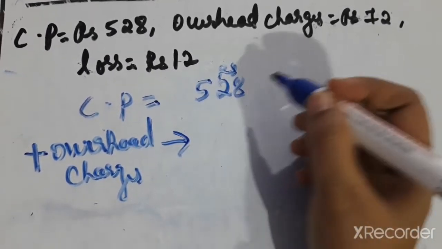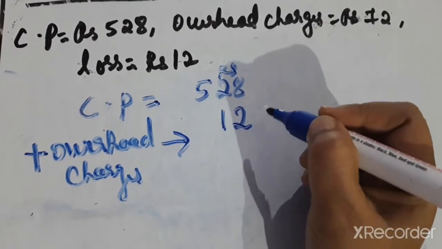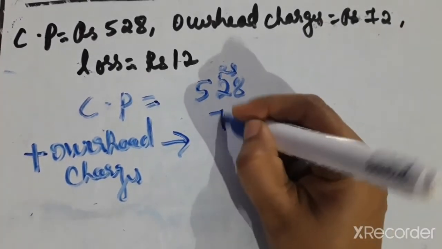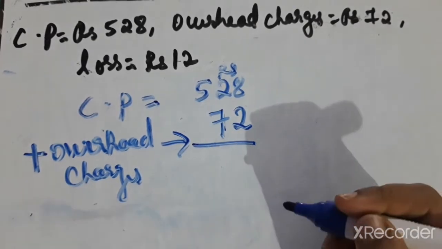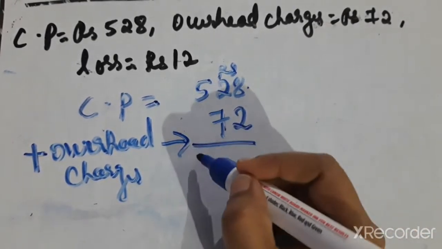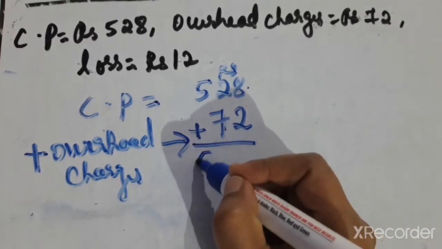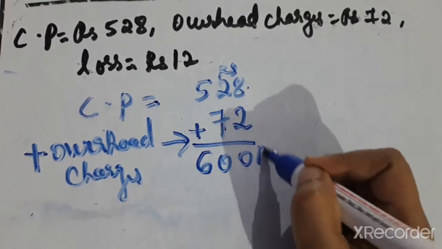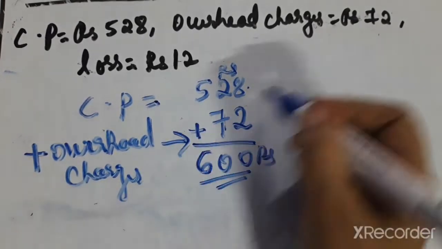How much? Rupees 12. Sorry, 72. So rupees 72. So 528 plus 72 is 600 rupees.